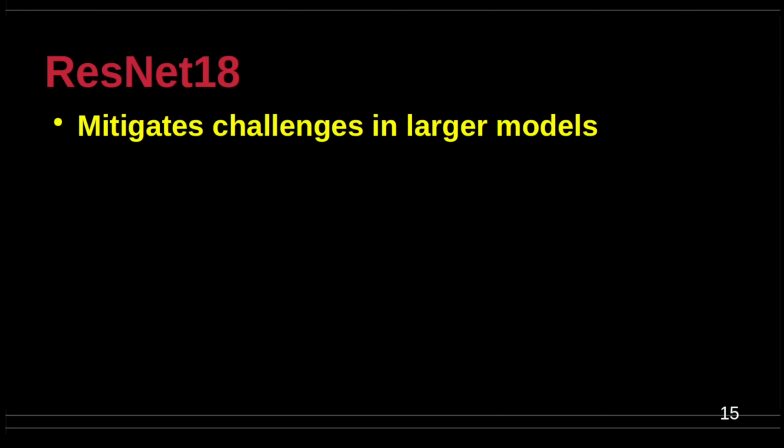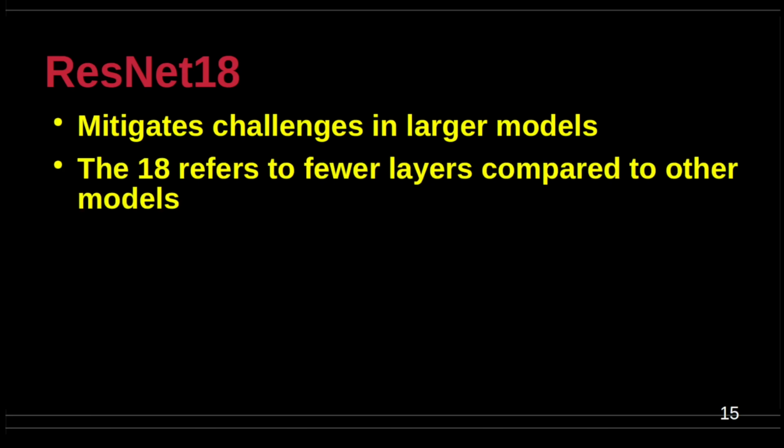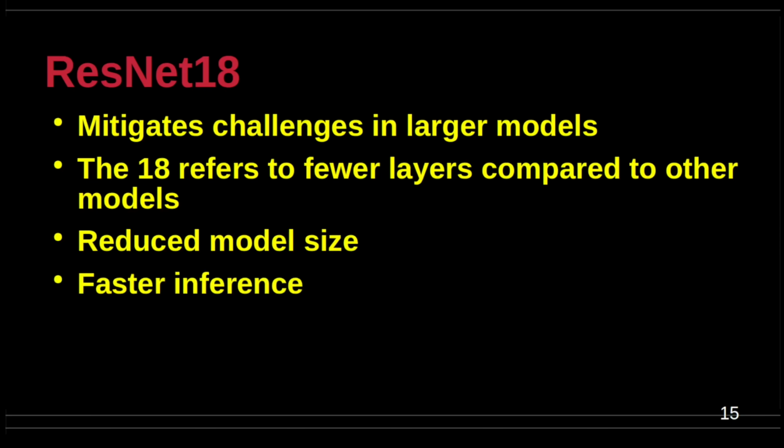ResNet is a popular convolutional neural network architecture known for its effectiveness in overcoming challenges in deep neural networks. The 18 refers to the smallest variant of the model, with 18 layers. There are ResNet 50 and ResNet 101 models too, with 50 and 101 layers respectively.